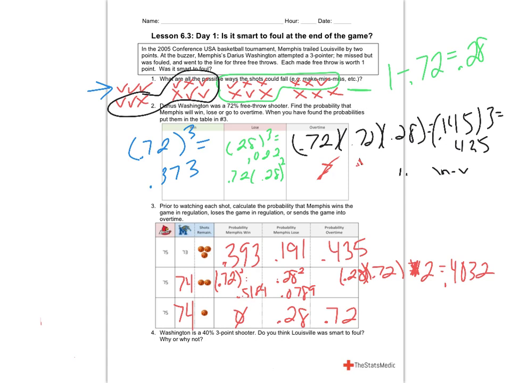Maybe. The chance of losing in regulation goes down. Okay, so as he continues to miss free throws now, the chance of losing in regulation goes down. But they could have had to go to overtime, and so they could have lost there. So this isn't like a huge difference between the probability of them winning based off his 3 free throws or his shot. He was, I guess, having an off night, and he missed those last 2 free throws.